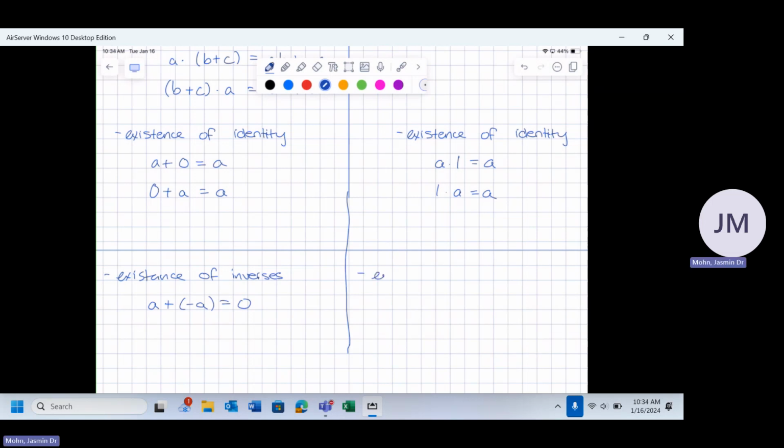And then we also have A times 1 over A equals 1.